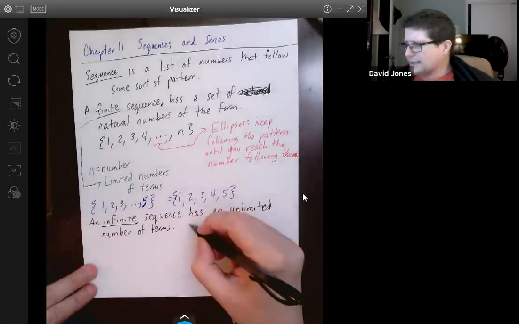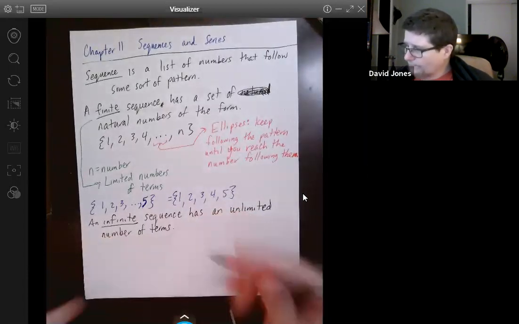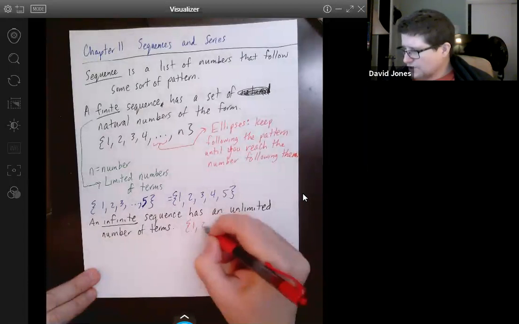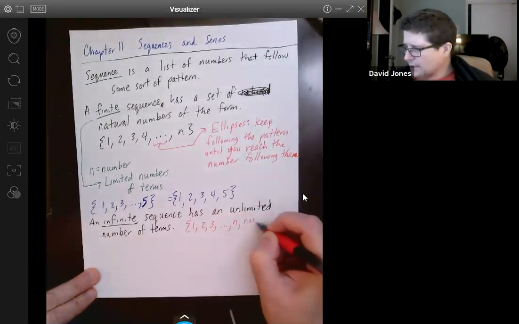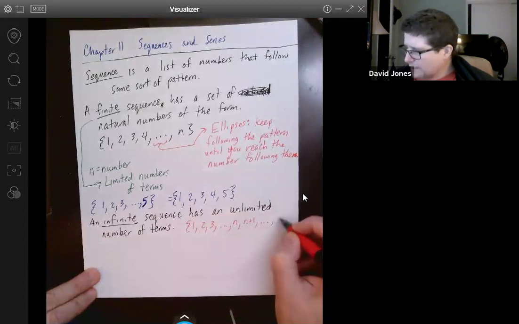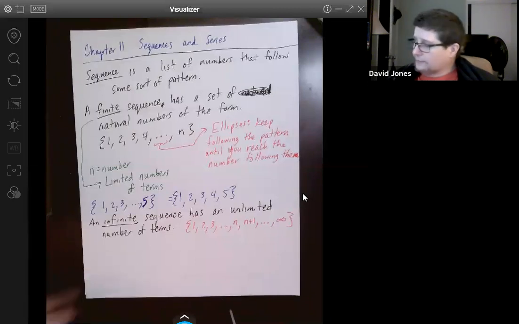And here we might see something like n plus 1, but we keep going up and we don't stop. We go all the way up to infinity. Usually we don't like writing it like this because this can be really long.